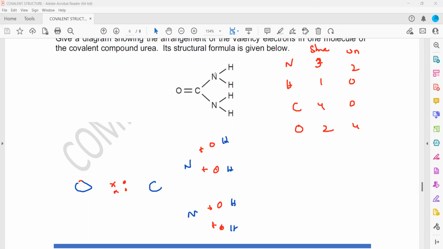And then there is a single bond between carbon and nitrogen. So if nitrogen shares 1, carbon will share 1 from that side. Nitrogen shares 1, carbon shares 1 from that side. And then there should be unshared electrons on nitrogen and oxygen. So oxygen has 4 unshared, 1, 2, 3, 4. And nitrogen has 2 unshared, so 1, 2, and 1, 2. So each line represents a pair of electrons.